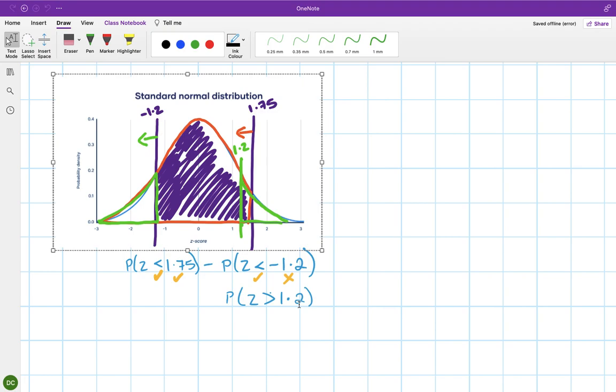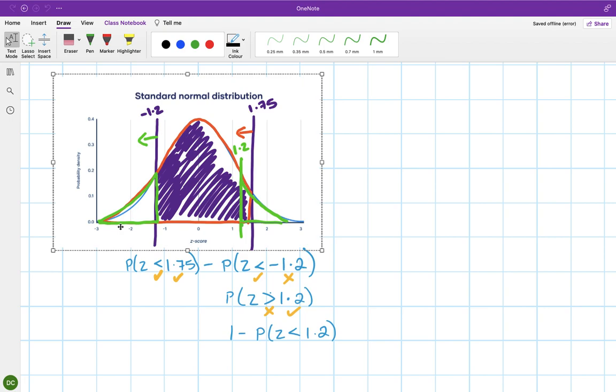This is now positive, which is good, but we have a greater than, which doesn't work. But we can do that because we just do the whole shape minus less than 1.2, which we've done before. So it's 1 minus the probability of the z-score being less than 1.2. And we'll have that one.